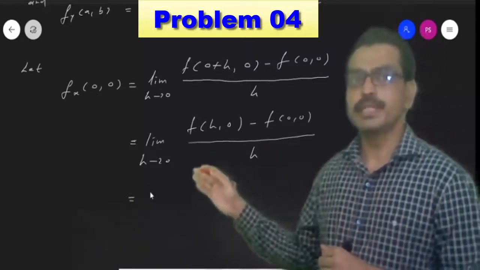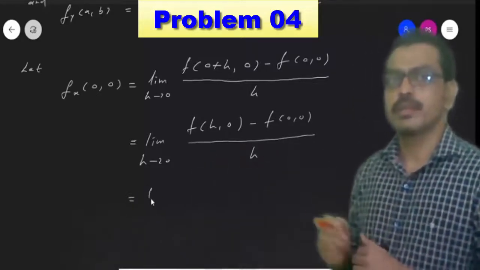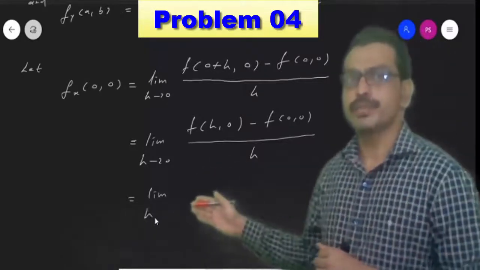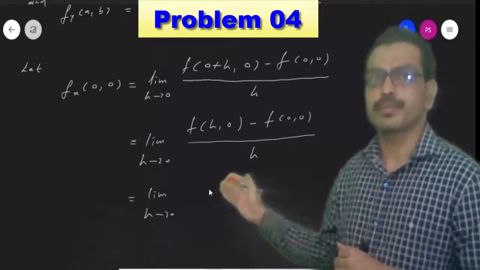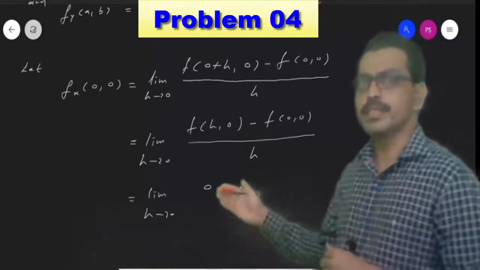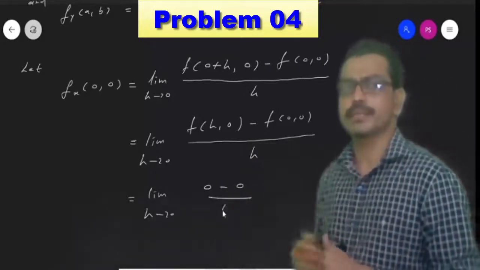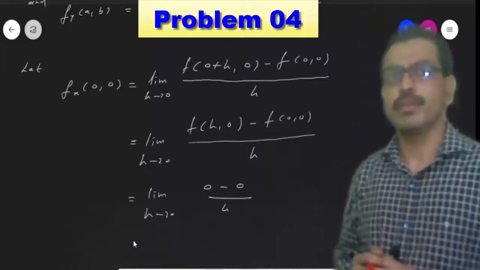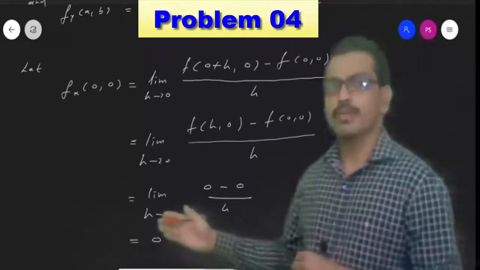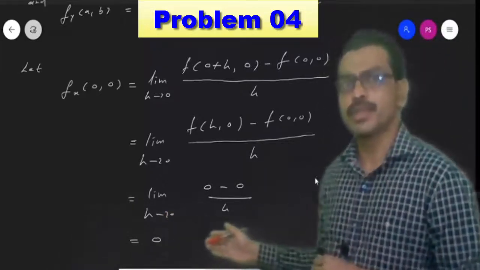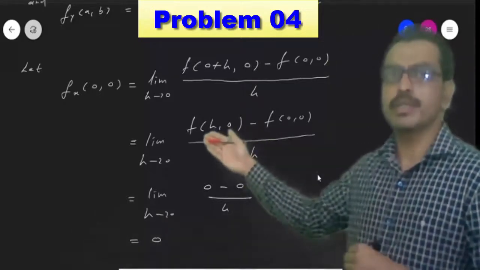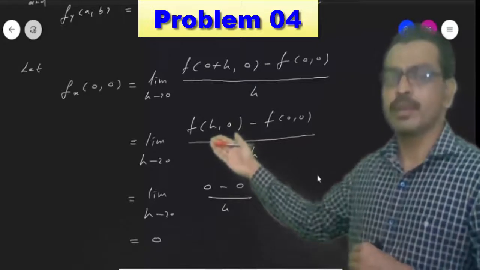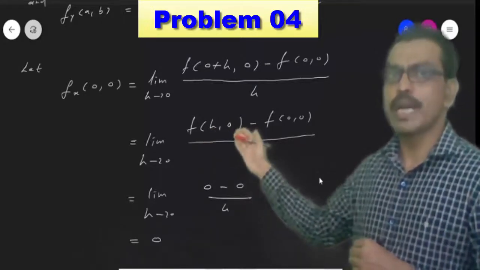Therefore, f_x at the point (0,0) is equal to 0, because here f(h,0), the given function is f(x,y), put x = h and y = 0.